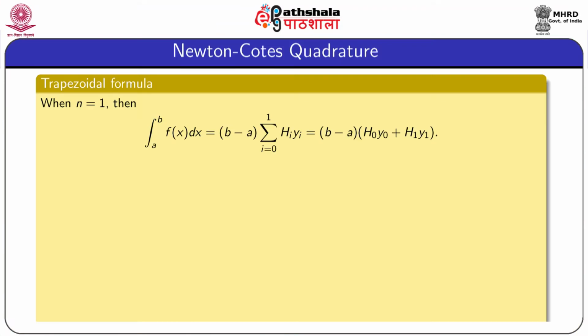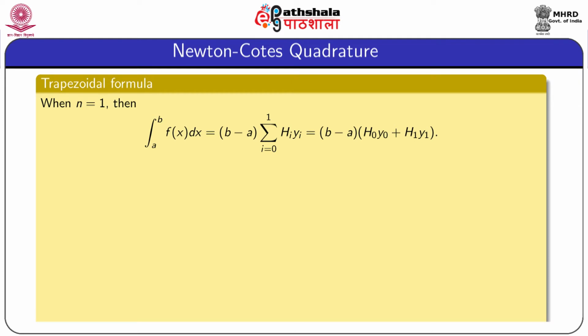For example, when n equal to 1 we obtain the trapezoidal formula. When n equal to 2 we obtain another quadrature formula called Simpson 1/3 formula, and so on. Now we discuss different types of Newton-Cotes quadrature formula for different values of n.